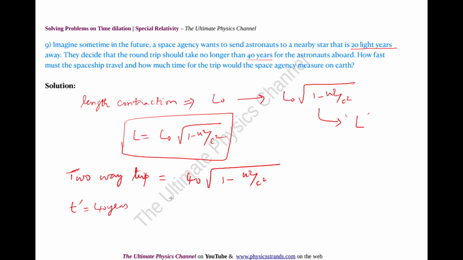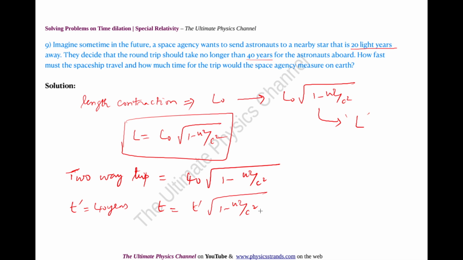That means we can say that on Earth, t is measured on the Earth clock. That would be t prime times the square root of 1 minus u squared over c squared.